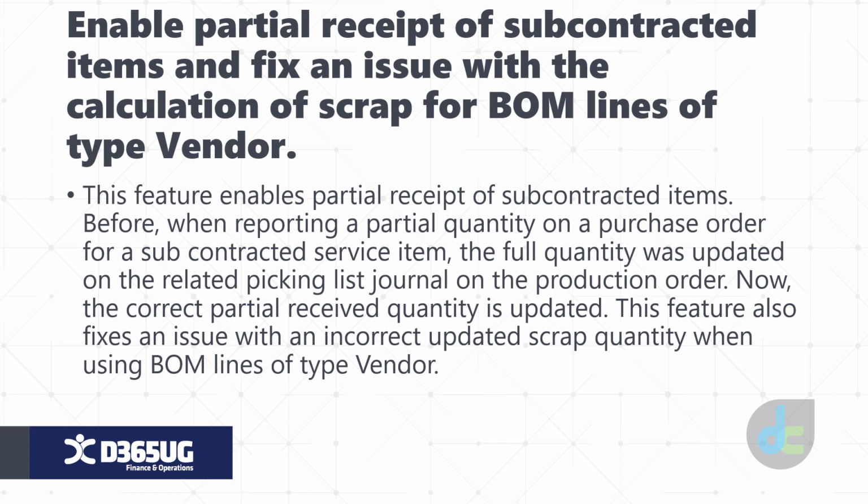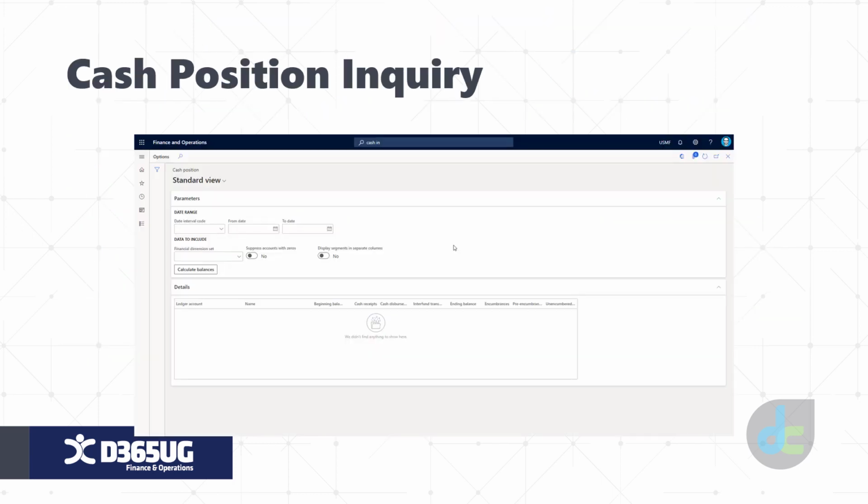It enables a partial receipt for subcontracted items, which is a new feature, and then it also fixes an issue where the incorrect updated scrap quantity is calculated when you're using BOM lines of type vendor. So it's part feature, part bug fix. So if you use subcontracted items or vendors, be sure to check this one out.